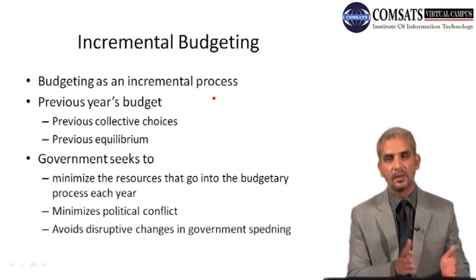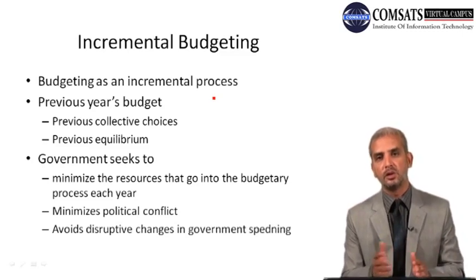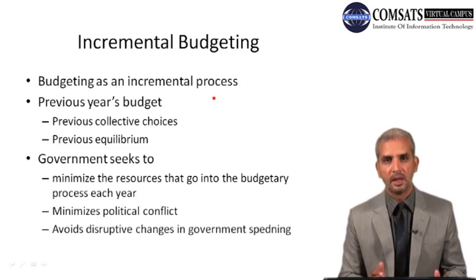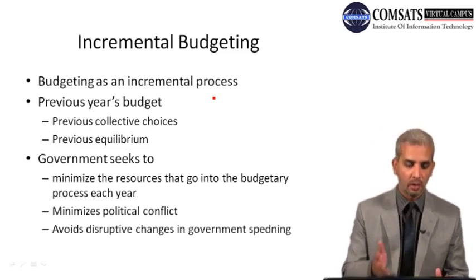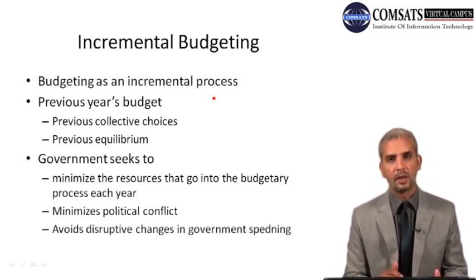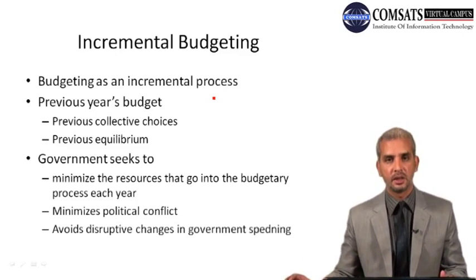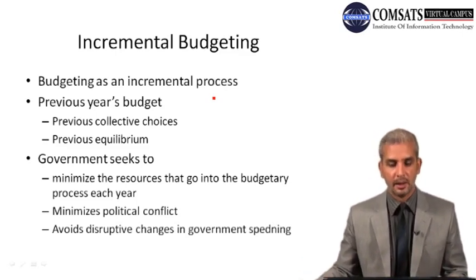So by using that, they would be minimizing the use of resources in the whole budgetary process. They would also be reducing the amount of political conflict, because political parties had already agreed upon that budget last year, and they would avoid disruptive changes in government spending.